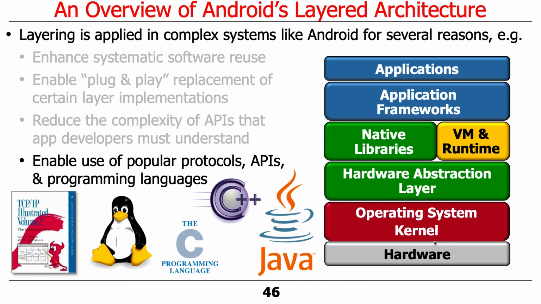The Linux kernel, they tweaked a few things, but it's largely the same, at least architecturally. The C programming language, the C++ programming language, the Java platform, those are all examples of things that are reusable in the context of Android, so they didn't have to require developers to learn a whole new language.